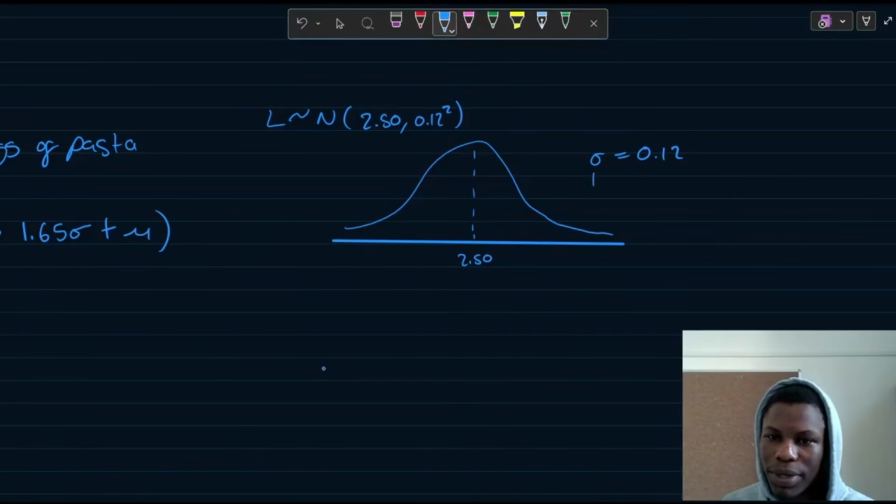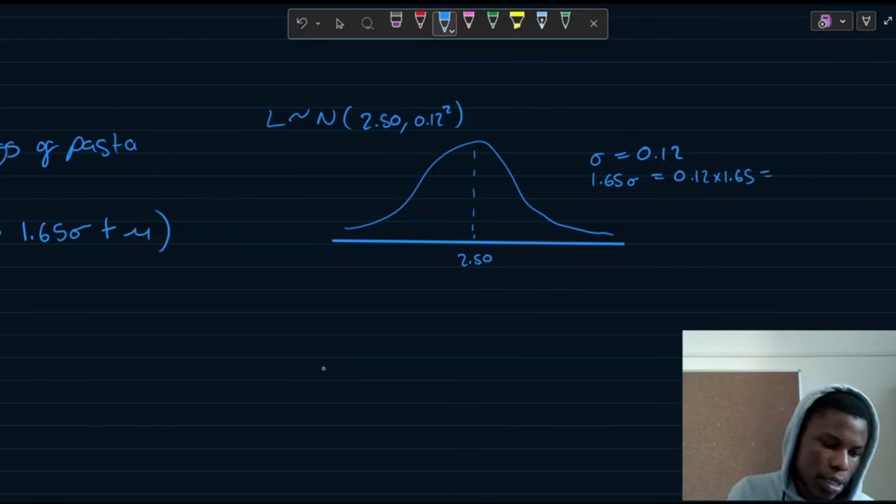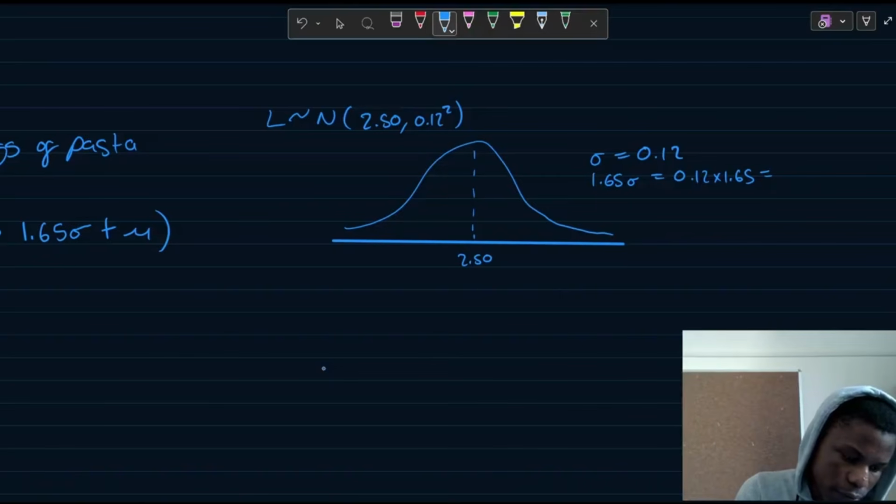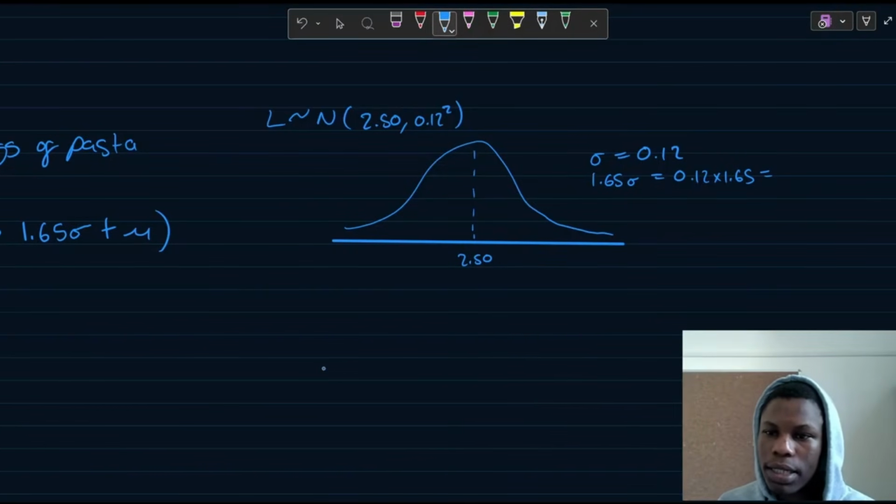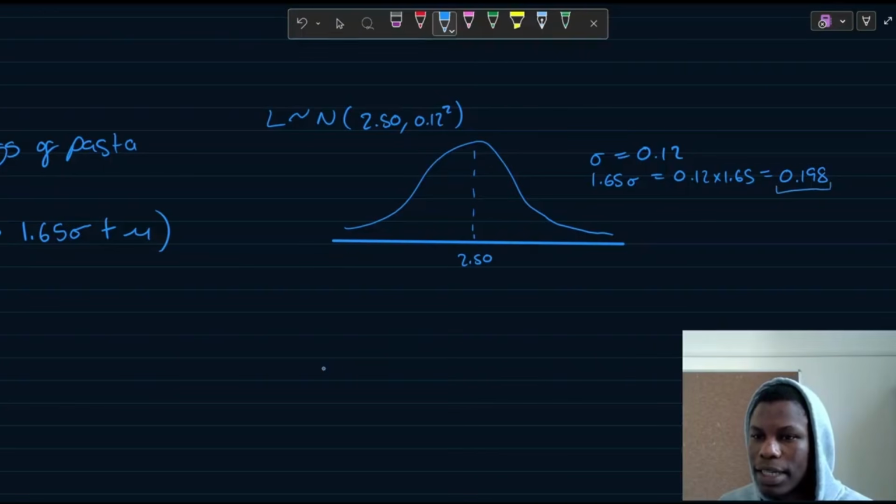So what is 1.65 standard deviations? 1.65 sigma is 0.12 times 1.65, which is 0.198. So if I want more than 1.65 standard deviations, I want more than 0.198 above the mean.